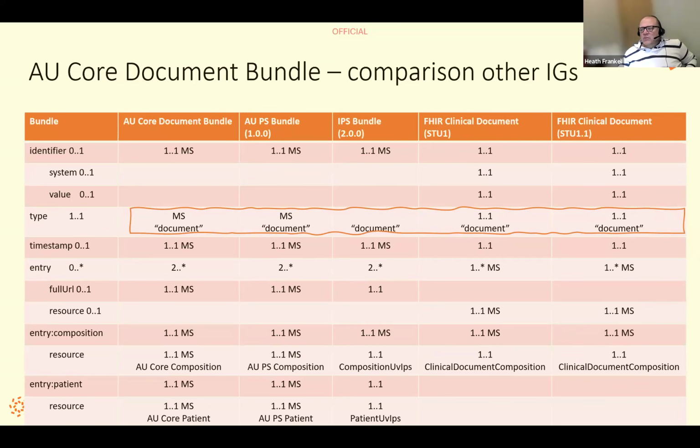There is always at least one business identifier that never changes no matter where it's stored, that identifies this particular bundle that contains the document information.